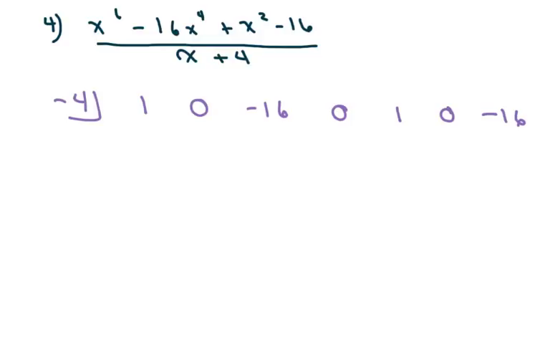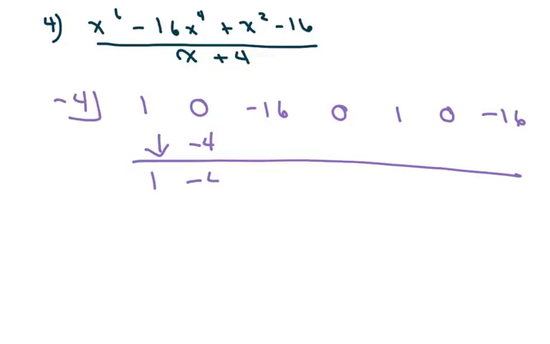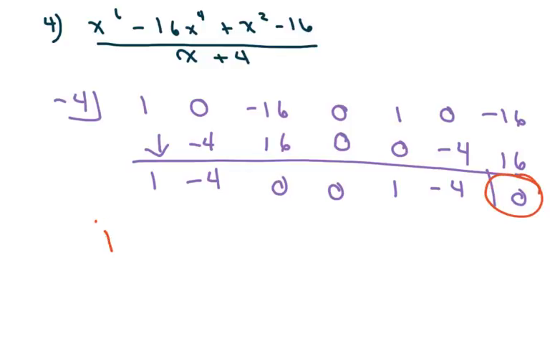Alright, and then bring down the 1 here, and you're going to multiply and add, multiply and add, multiply and add, multiply and add, multiply and add, multiply and add. We did get a 0 here, so x plus 4 is a factor.